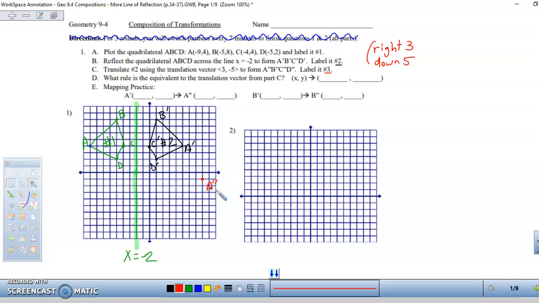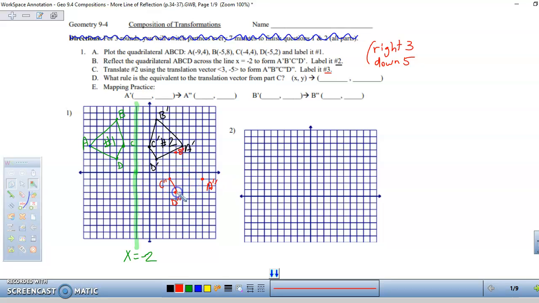So pause and do the other 3 points. Okay, welcome back. So you're going to go 1, 2, 3, down 1, 2, 3, 4, 5, and there's B double prime, and then 1, 2, 3, 1, 2, 3, 4, 5. There's D double prime, and then C, 1, 2, 3, 1, 2, 3, 4, 5.